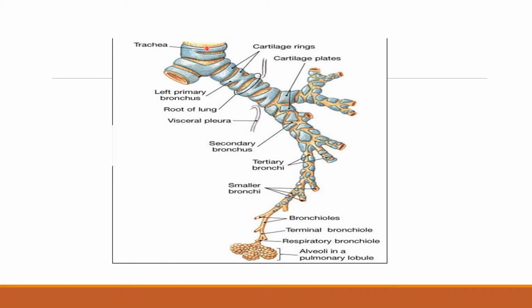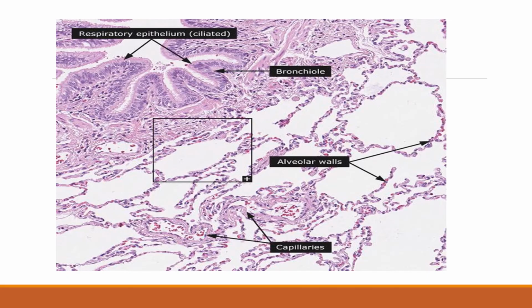Then division of the trachea. So trachea is divided into primary bronchus, then secondary bronchus, tertiary bronchi, smaller bronchi, then bronchioles, terminal bronchioles, respiratory bronchioles and alveoli in a pulmonary lobule.